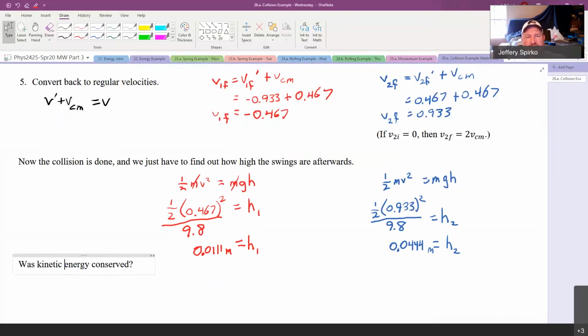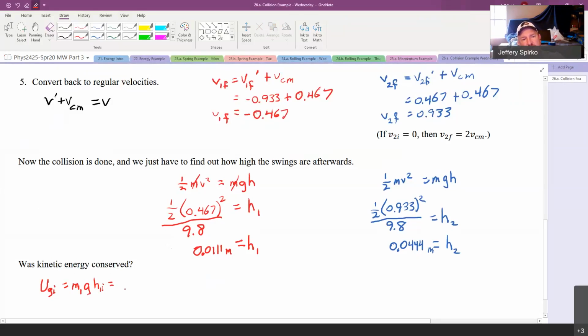We can find out if kinetic energy was conserved in the collision by examining the potential energy at the top of the swings. UG initial equals M1, well, let's write it M1 g H1 initial.